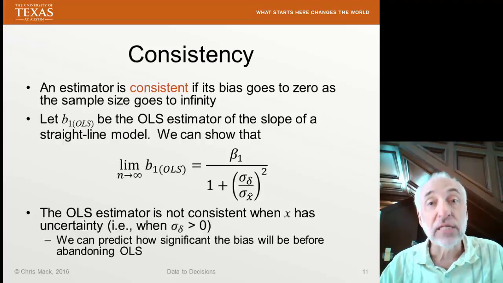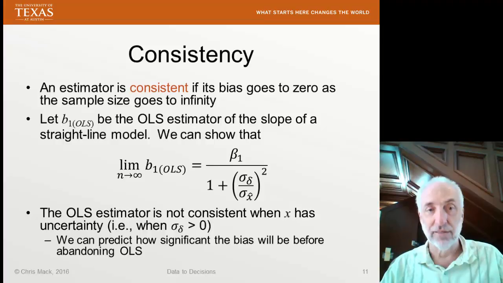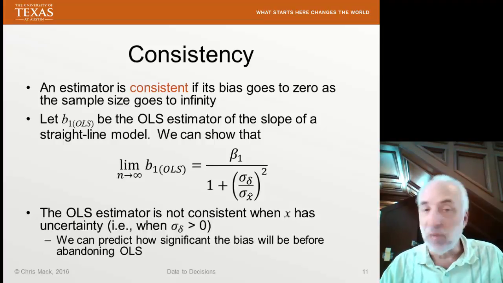Well, in the presence of uncertainty in the x variable, the OLS, ordinary least squares estimator, of the slope is not consistent. The bias doesn't go to 0 as the number of data points goes to infinity, as long as there's uncertainty in x.